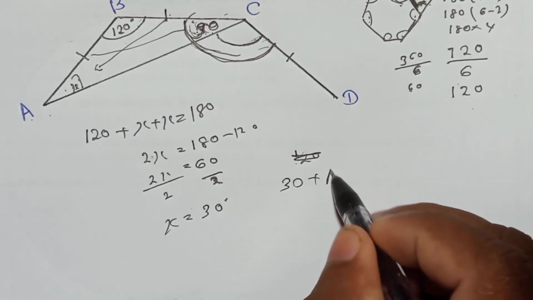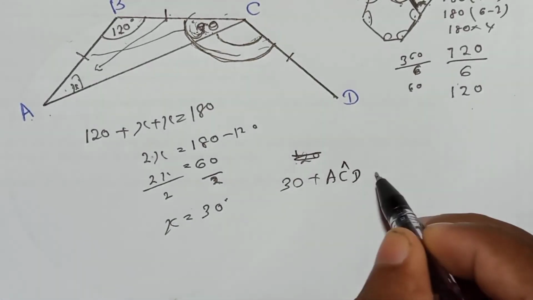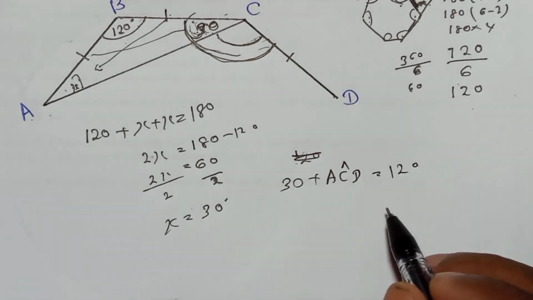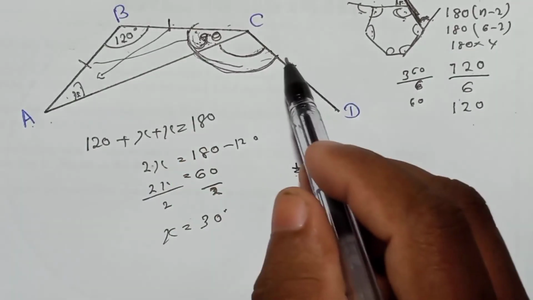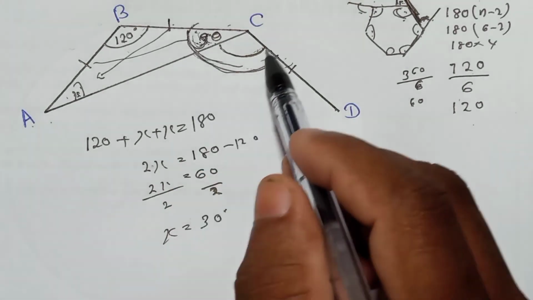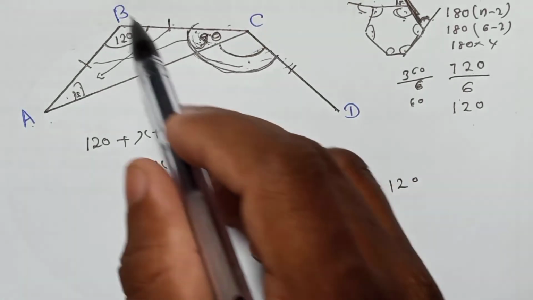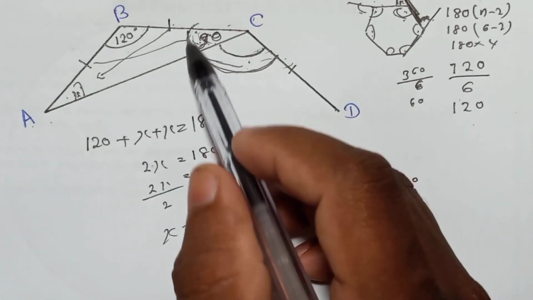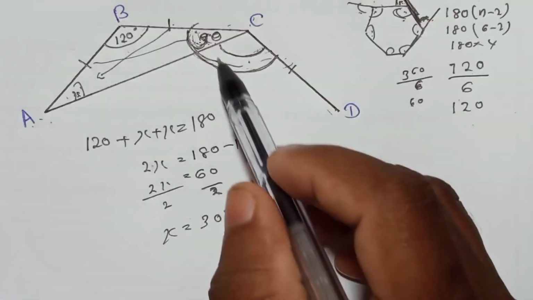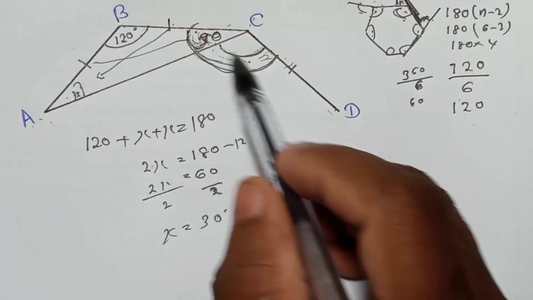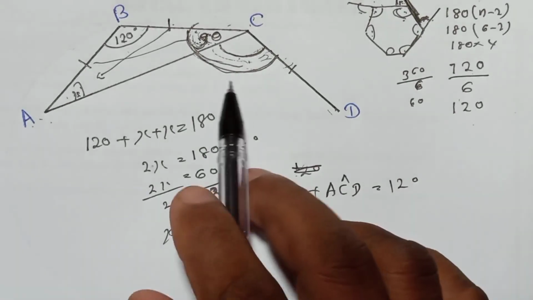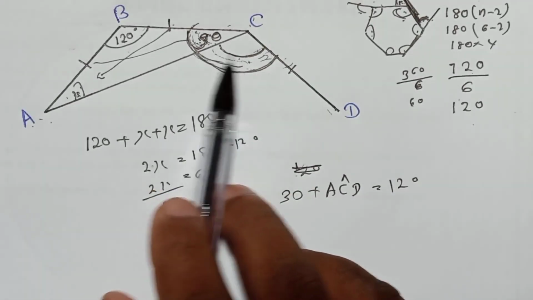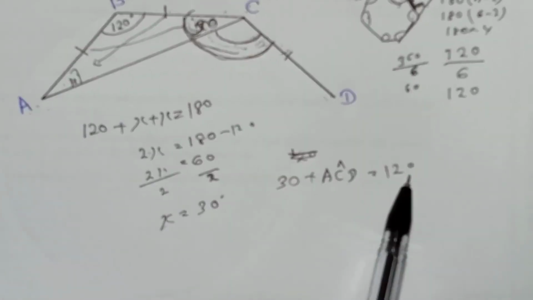So I will write that angle ACD equals 120 minus this, because this is the interior angle of the hexagon. This angle BCA plus angle ACD together is the interior angle of the hexagon. So 30 plus this angle should be 120.